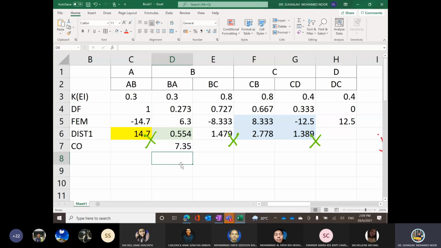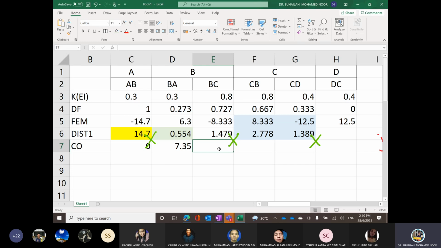The zero factor always refers to the end joint, referring to A. So B to A, we use BA, so it is a zero factor. So the value is 0. The rest, except this one, are 0.5.